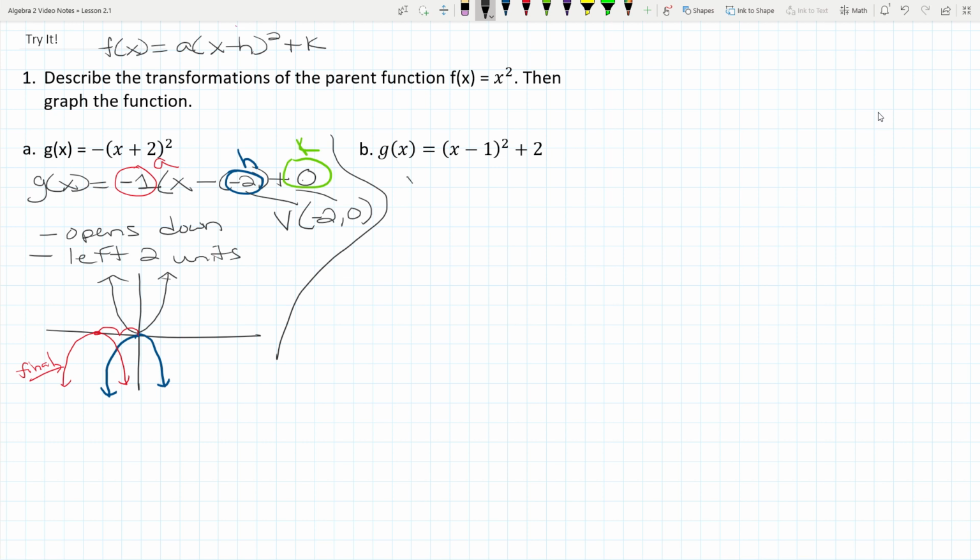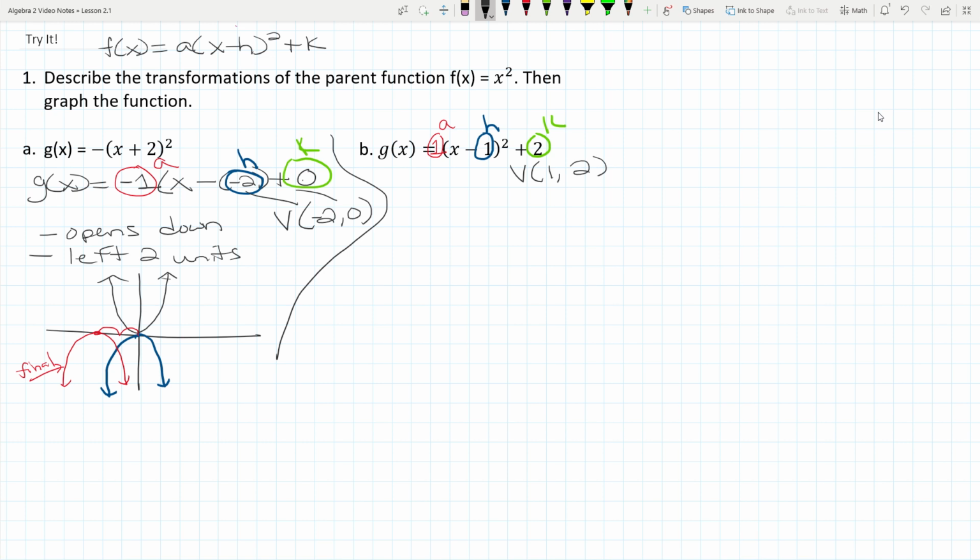So here we're going to rewrite it. So actually, in this case, the a here is an invisible 1, right? So that's a, that's h, and that's k. So here we know our vertex is 1, 2 from our hk.